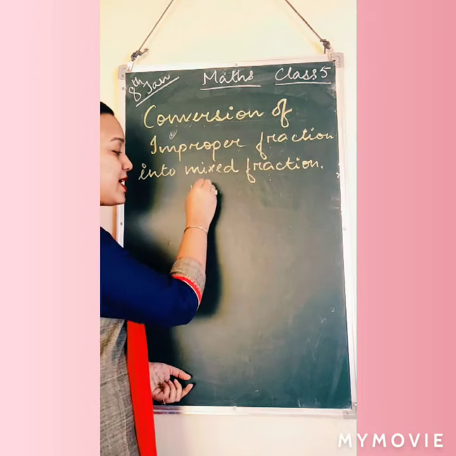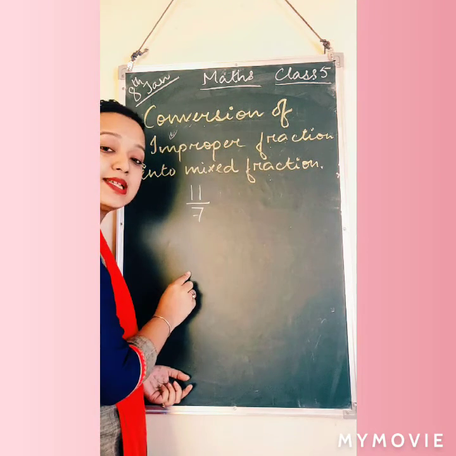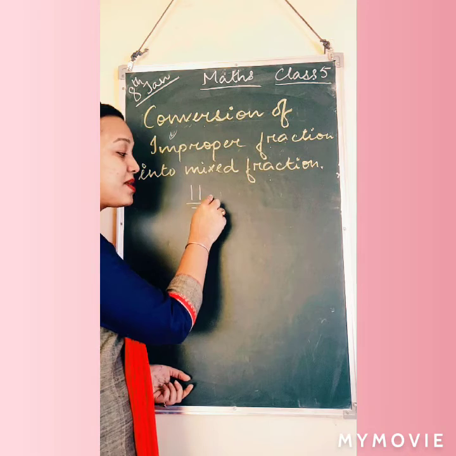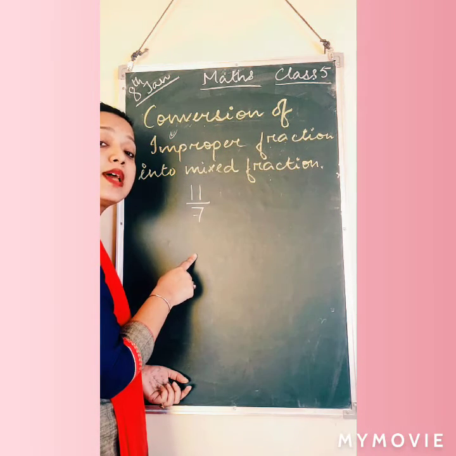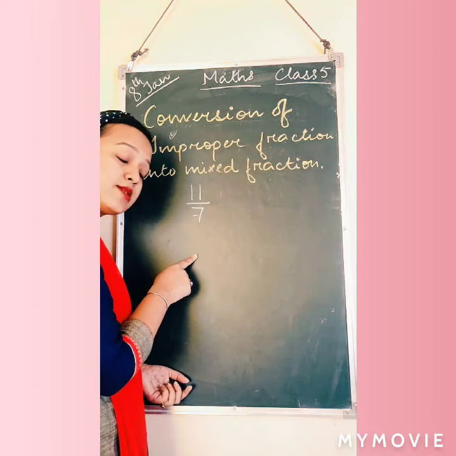Suppose I take the number 11 by 7. You have to convert it to a mixed fraction, which means it should have a whole number and a fraction.